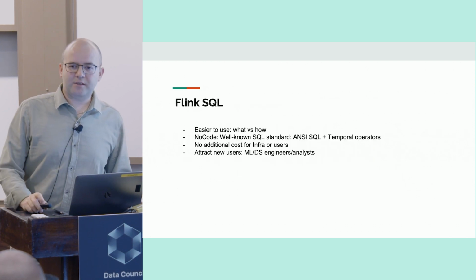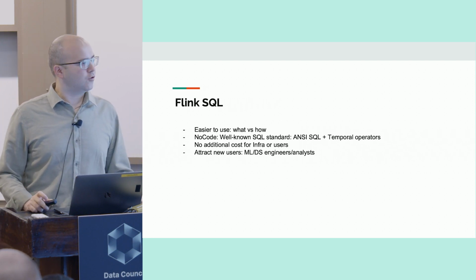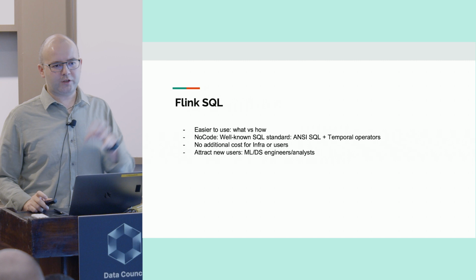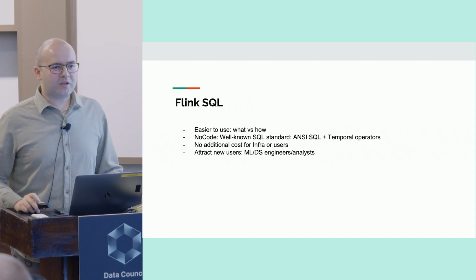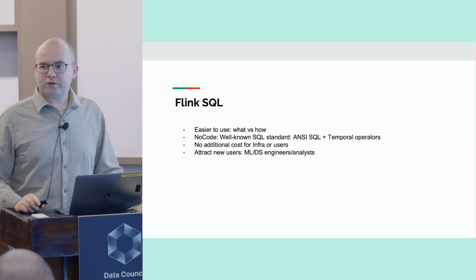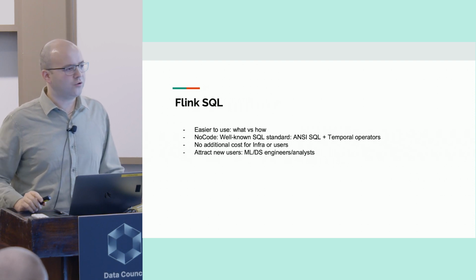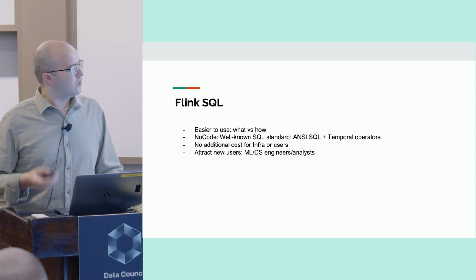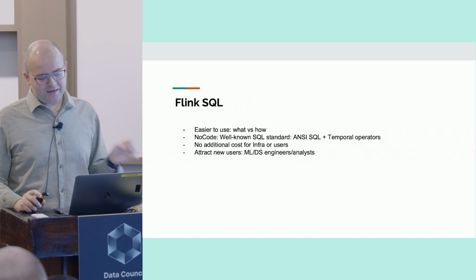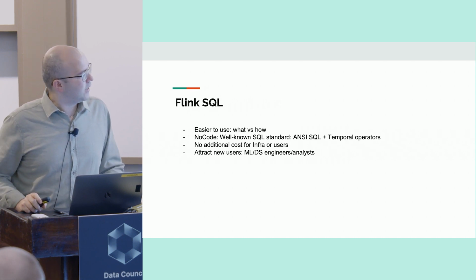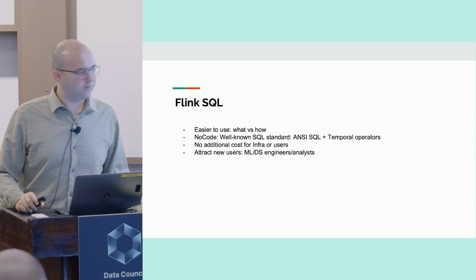Flink SQL is the easiest API to build. You just write in pure SQL, and then it gets automatically converted to a Flink job graph. Flink SQL is based on ANSI standard SQL, so you don't need to learn a new SQL. It's almost the same SQL as you're used to in your relational databases, with just a few extra things like temporal operators or watermarks, which you can learn.